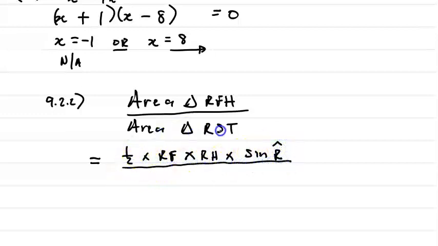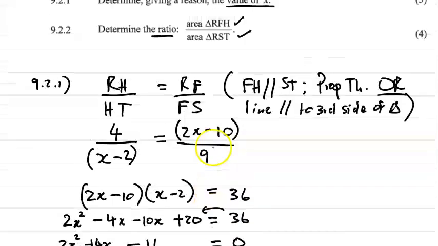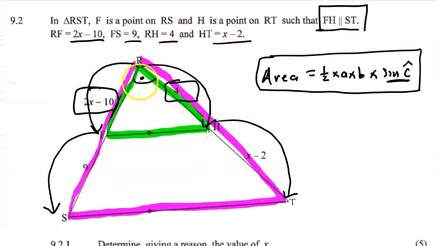And area of triangle RST will be half times, so remember RST is the big triangle now, so we're looking at this whole side here.